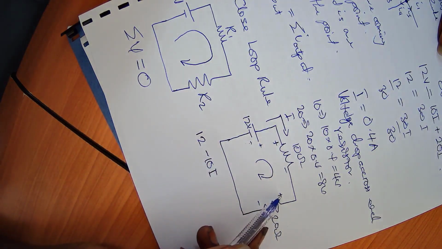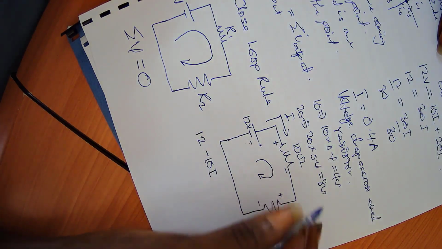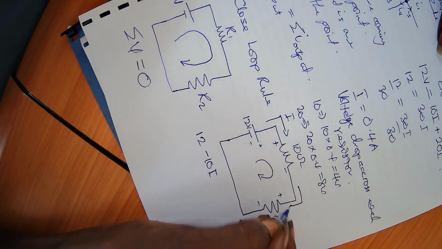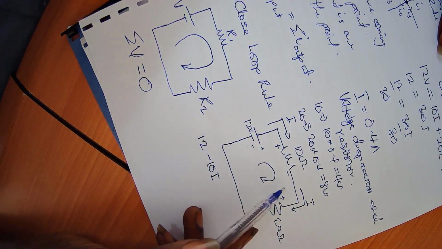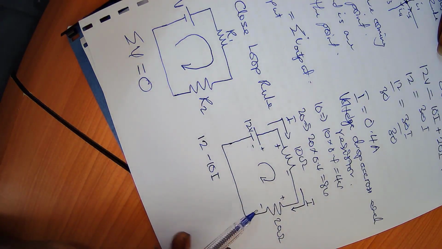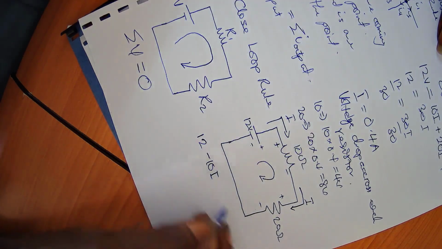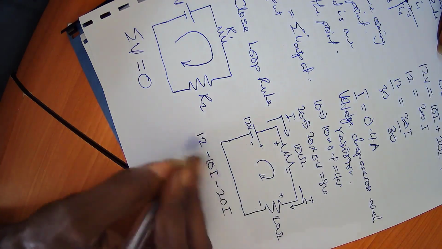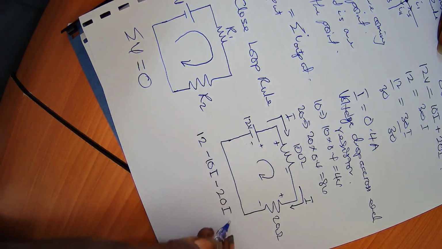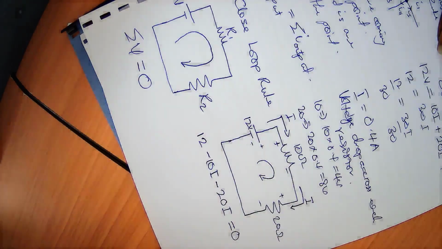When I come here also, I am moving in the same direction as the current, the same I, because it's the same loop. So I'll have minus 20I. The sum of the voltages in the loop must be 0.